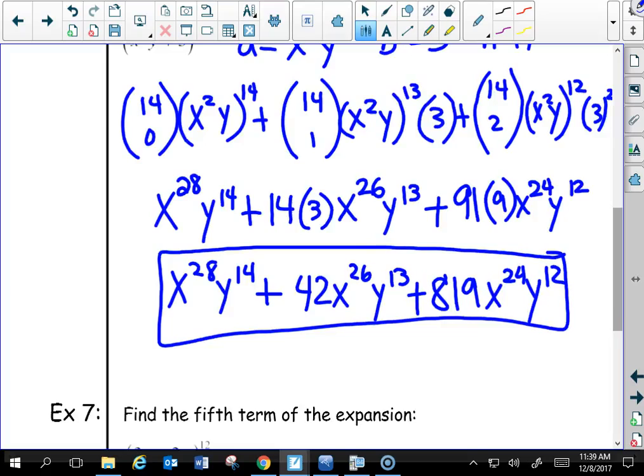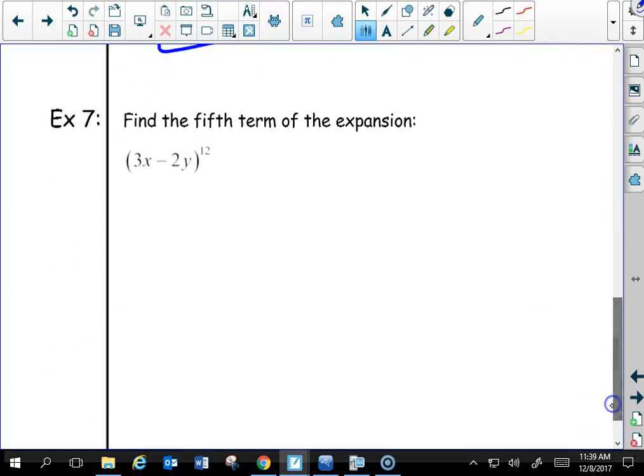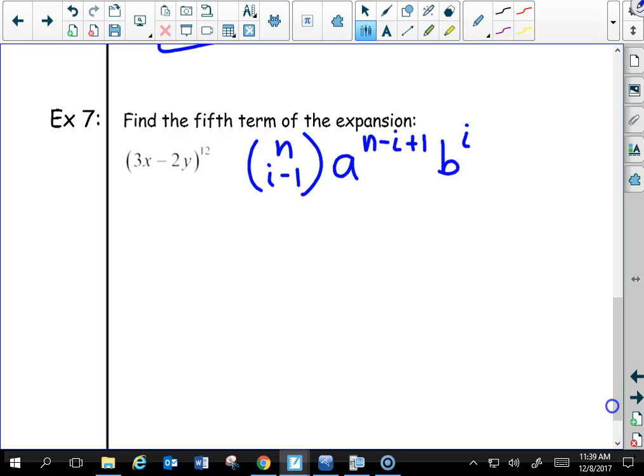Okay. Last problem, find the fifth term of the expansion. So again, we're going to use that little formula, n over i minus 1, and a to the n minus i plus 1, b to the i minus 1.